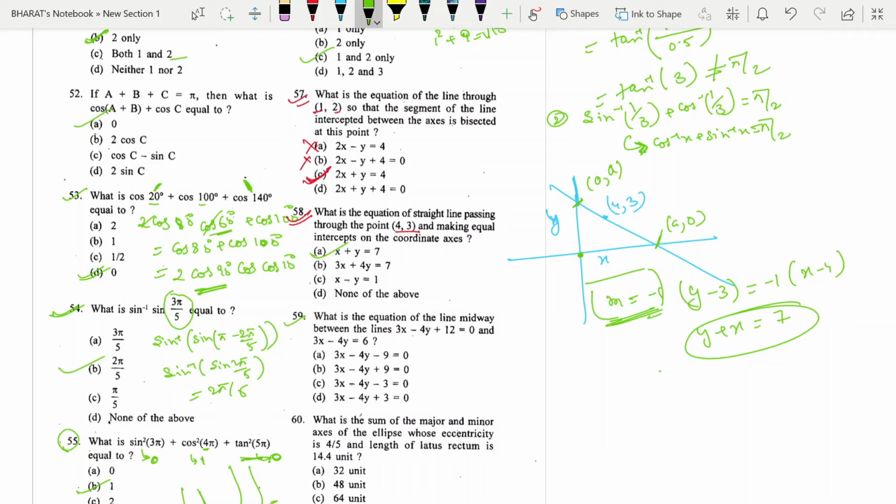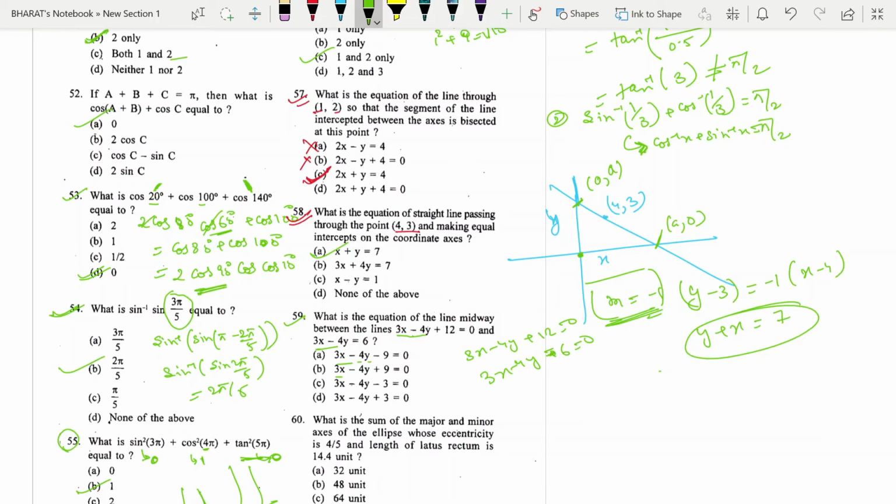Moving to question number 59. What is the equation of the line midway between these two lines? By seeing the equations of the lines, we can tell that these two lines are parallel, and the line which lies between them will also be parallel to them. So let's take 3x minus 4y plus 12 is equal to 0, and 3x minus 4y minus 6 is equal to 0.